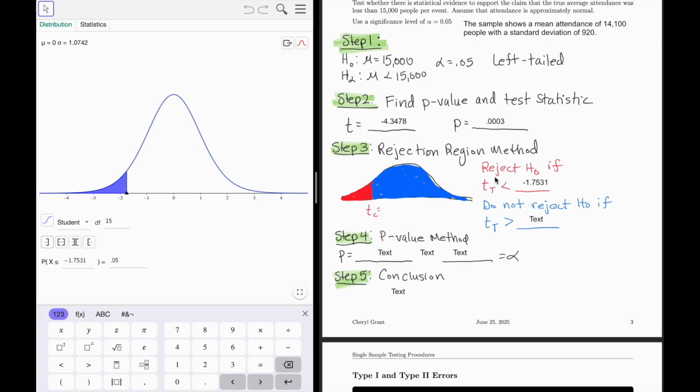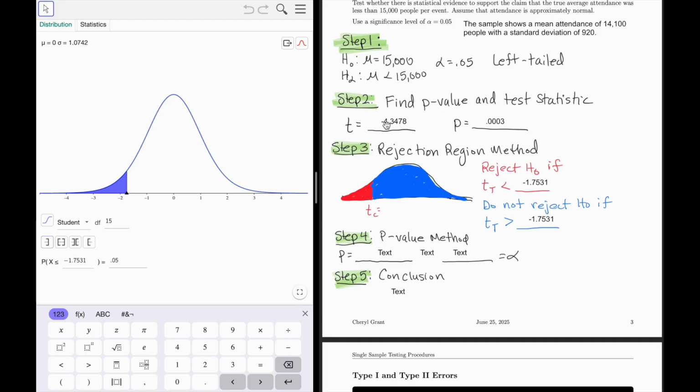So if our test statistic is less than that cutoff point, negative 1.7531, that falls in that red area for the rejection region, then we're going to say reject H0. If it falls outside of that rejection region in the blue area, that's where it's greater than negative 1.7531, then we're going to say do not reject.